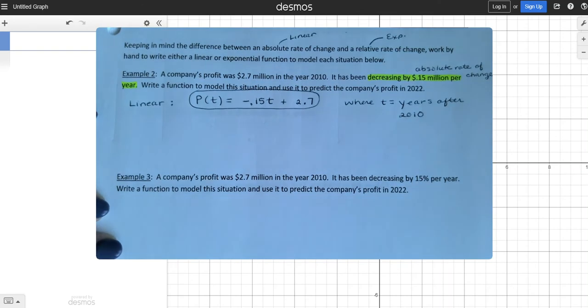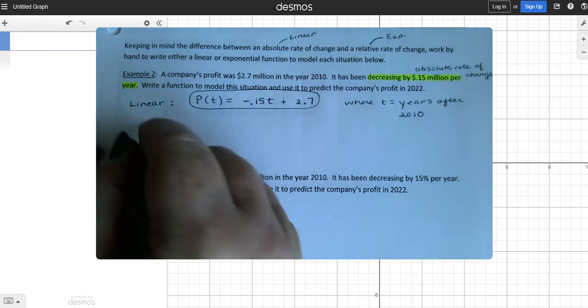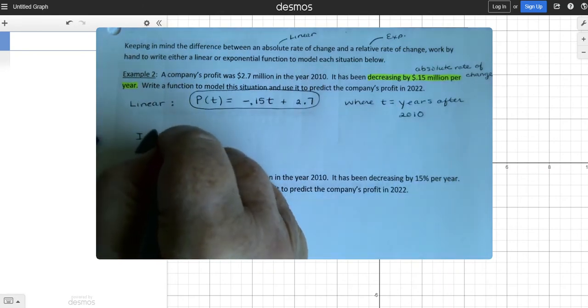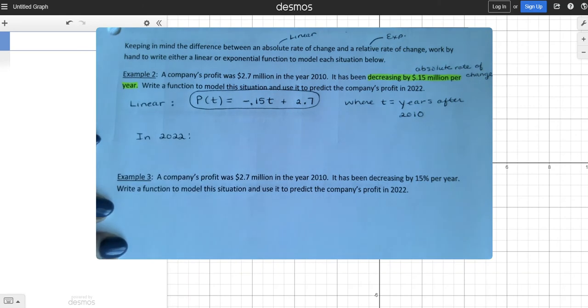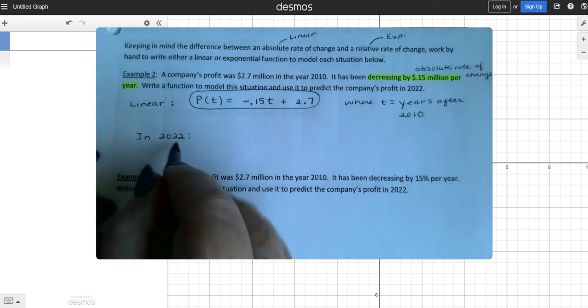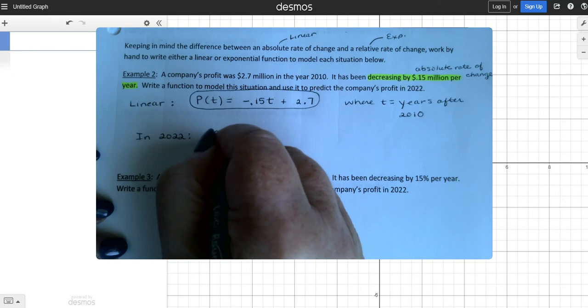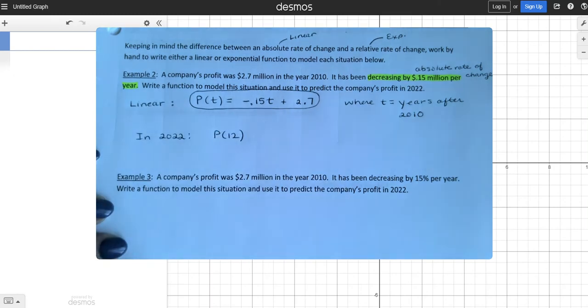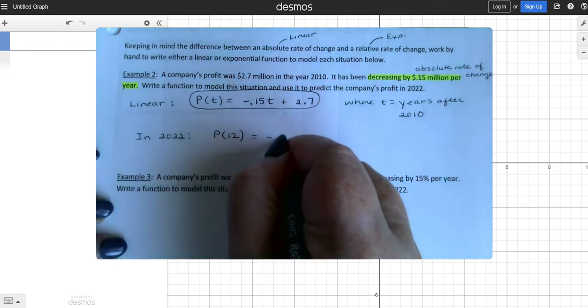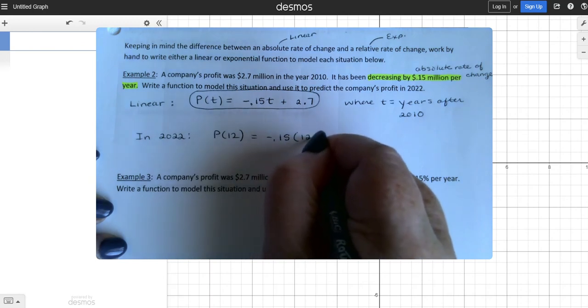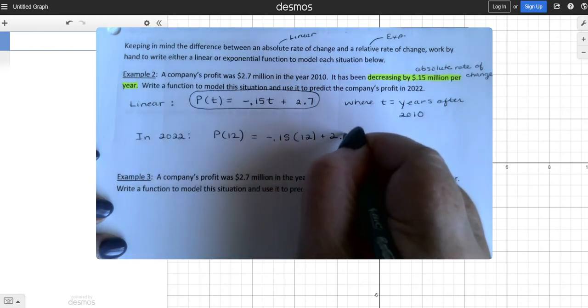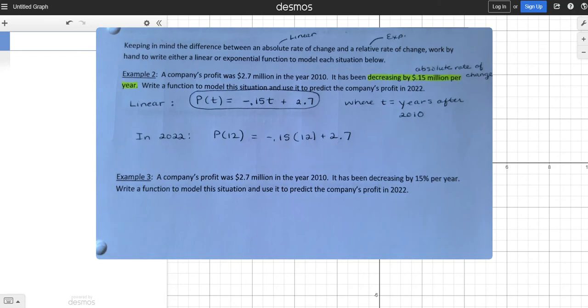All right, if I want to predict the profit in 2022, that would be 12 years after 2010, so I'd be looking at P of 12. And let's see what we have here.